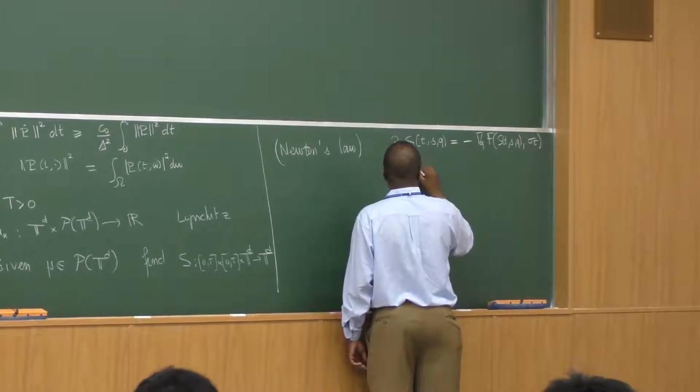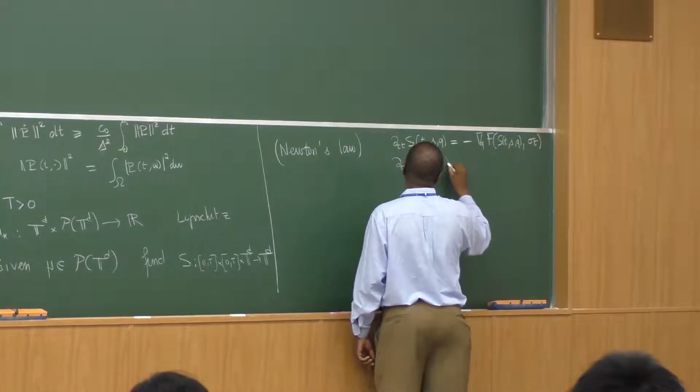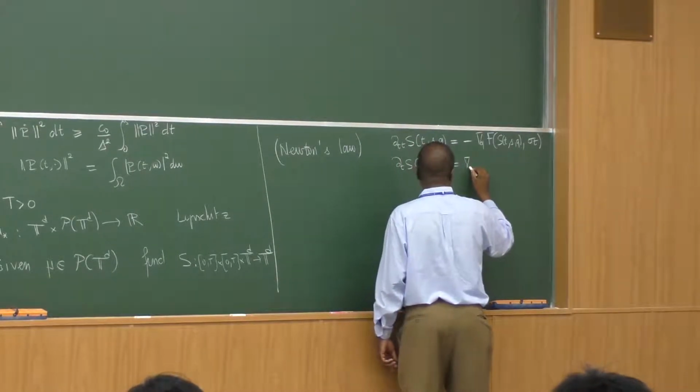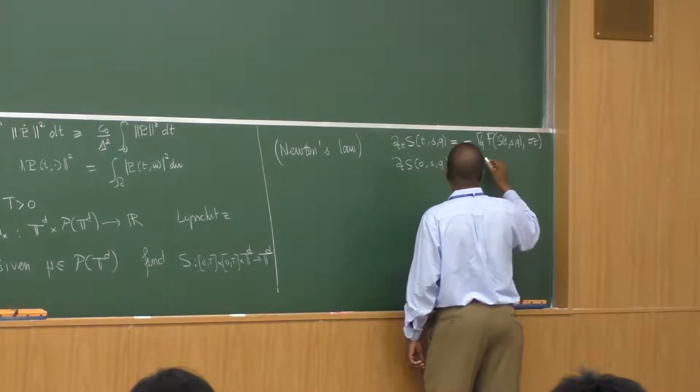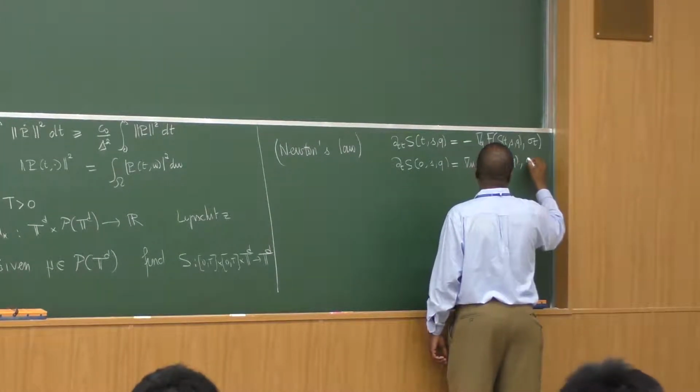The derivative in t of S at 0, s, q equals the gradient of u star of S of 0, s, q, sigma 0.